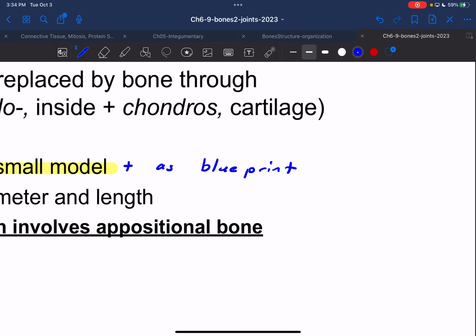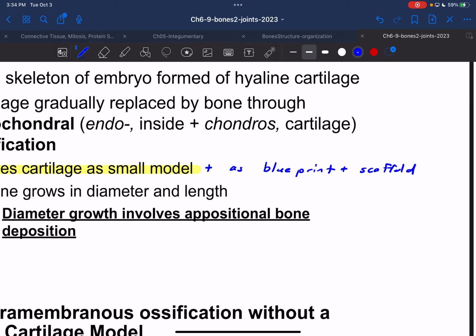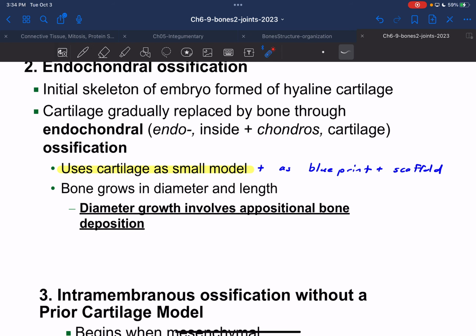Another word for this is kind of like scaffold. You've all seen construction sites, and you can see that all houses are made of wood, and the skeleton is just made of wood before they add all the drywall and the outer paint. That's exactly what I mean by cartilage serving as a blueprint or a matrix: there's a lot of stuff that has to be added on top, but at first, you start off with cartilage and then it's replaced by bone.